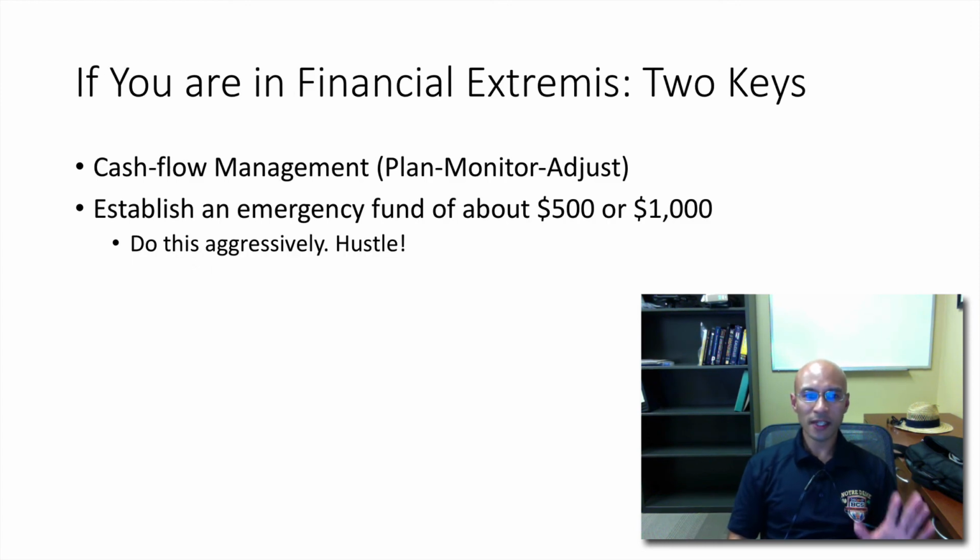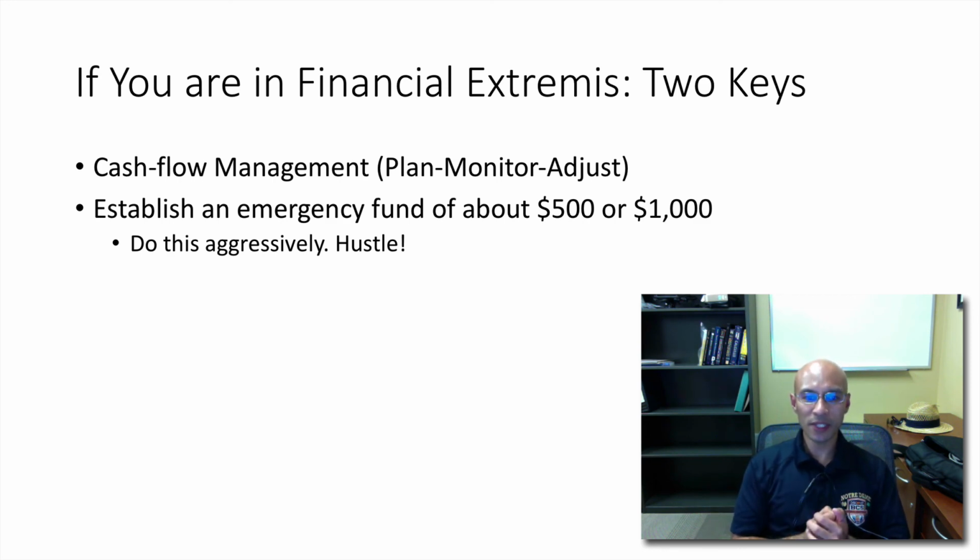Finally, I'll just say again, if you're in financial extremis, there are two keys. One is cash flow management. The second is that you need an emergency fund of about $500 or $1,000 to cover those expenses. Having a cash flow plan is going to help you get there because you can cut out non-essentials and maybe get there faster, but you need that emergency fund in place quickly.